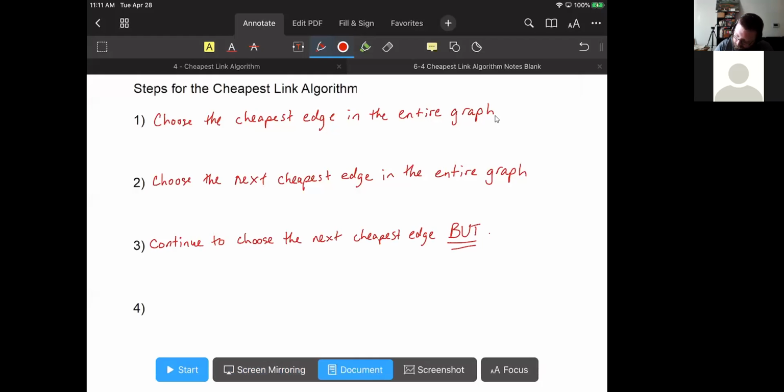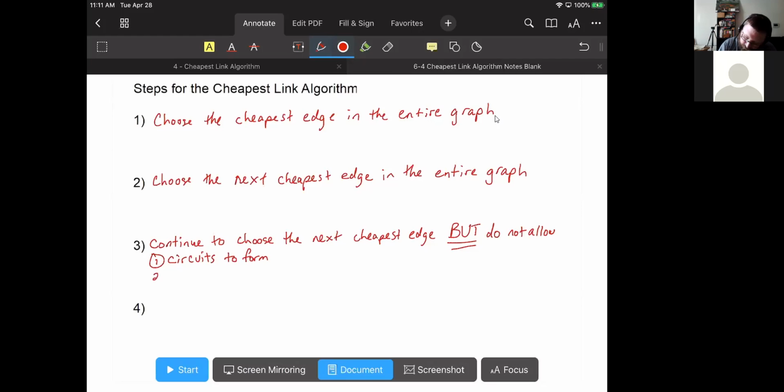but we have some rules. Okay, the first thing we cannot let happen is we cannot let any circuit form. It doesn't matter how long the circuit is, we cannot have any circuits until we are done. We don't want any circuits, okay?